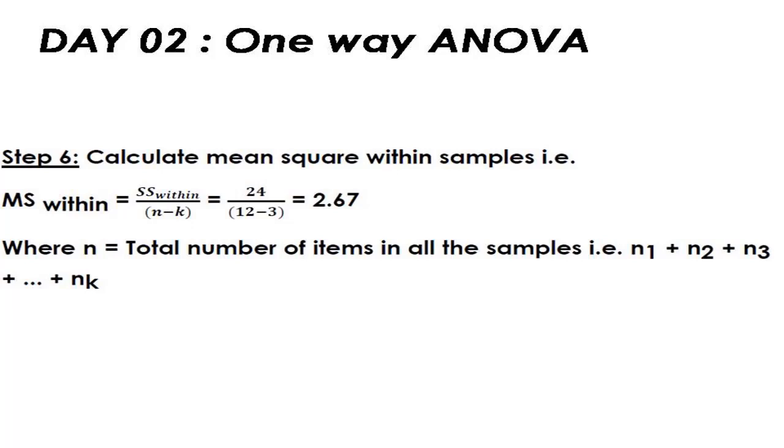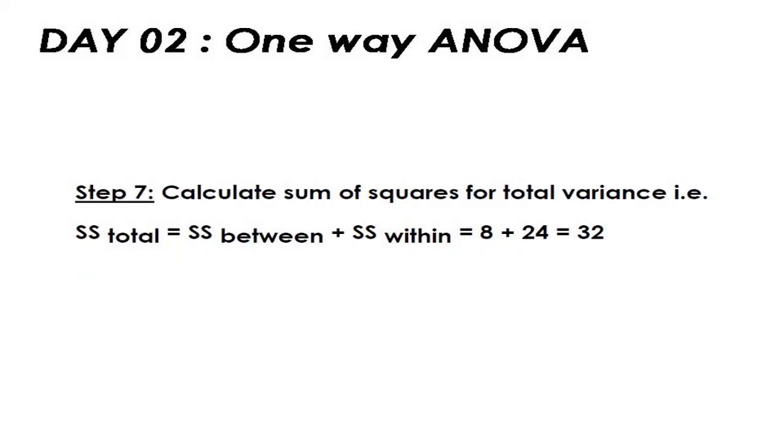But we have got 3 samples here, and in each of the samples there are 4 items, so ultimately the total number of items in all the samples will be equal to 4 plus 4 plus 4 equal to 12, so n will be equal to 12. And since we have calculated SS within to be 24 in the previous step, it will be 24 divided by 12 minus 3, since there are 3 samples, so k will be equal to 3, and the final result will be 2.67, that is the MS within we have calculated.